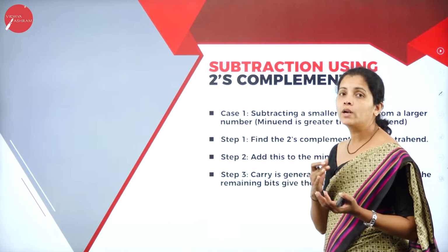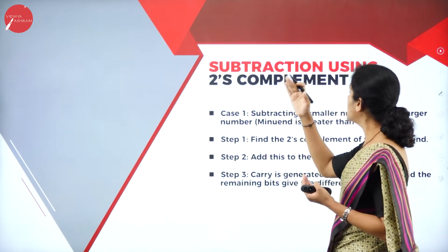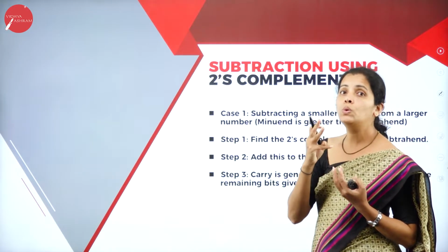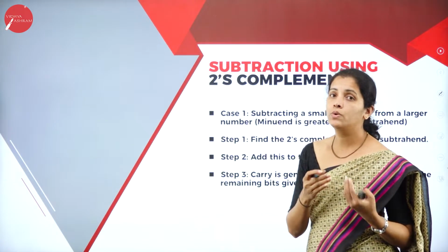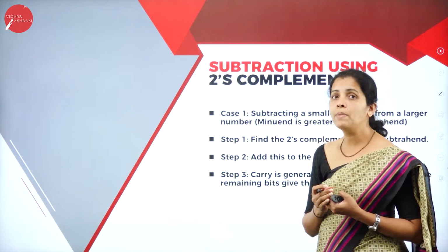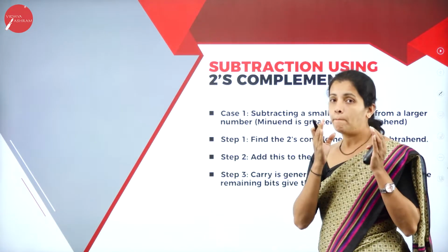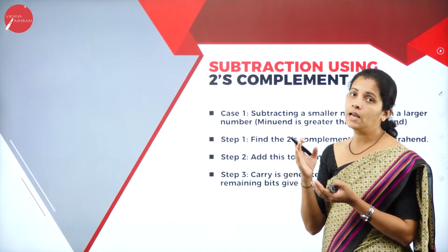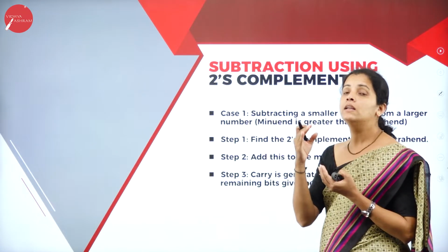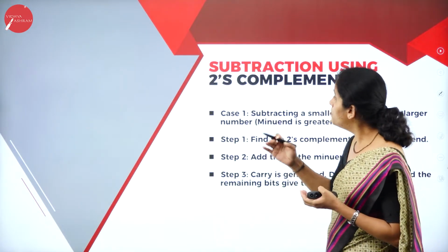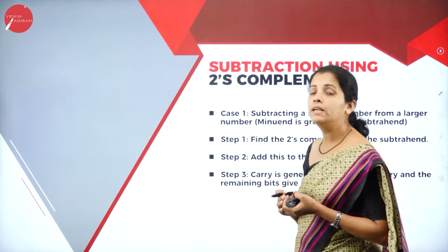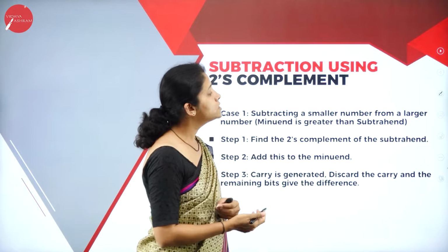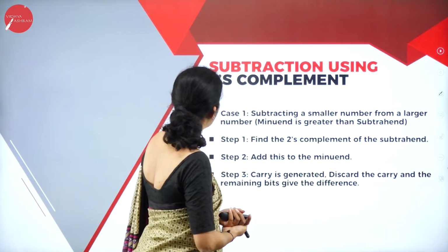Till now, what we discussed is subtraction using 1's complement. Under that, we discussed two different types, that is case 1 and case 2. First time, I'm having larger minuend and smaller subtrahend. Second time, smaller minuend and larger subtrahend. But in 2's complement, we are having two cases, that is subtracting a smaller number from a larger number.